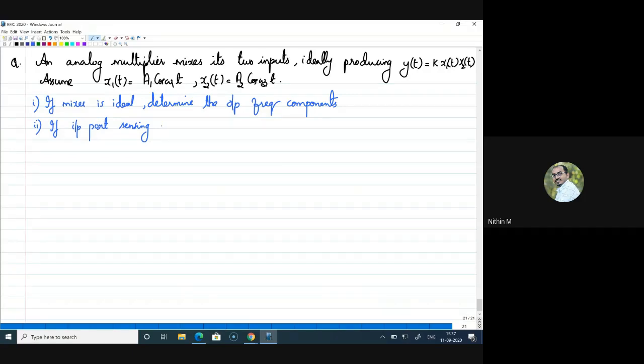If the input port which is sensing the signal x2 of t suffers from nonlinearity, say third order nonlinearity, determine the output frequency components. This is one example just to understand the effect of nonlinearity, especially harmonics.